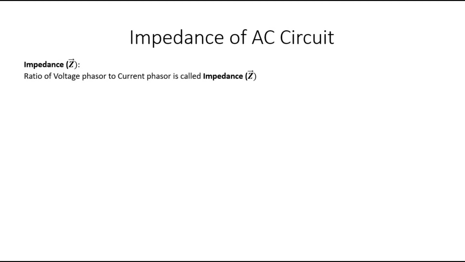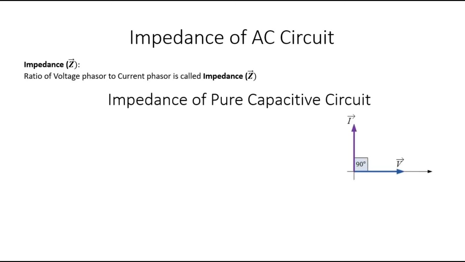Then for a capacitive circuit, the phasor diagram is like this. Current is leading the voltage by 90 degrees. V is equal to V angle 0 and I equals V by XC angle 90, where XC is the capacitive reactance, 1 by omega C. Again Z equals V by I, substituting V angle 0 by V by XC angle 90.